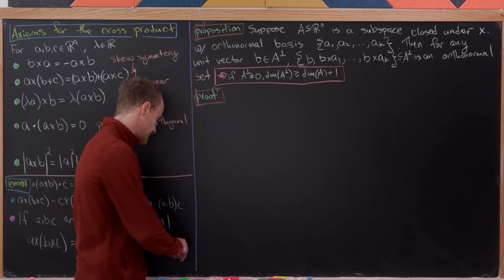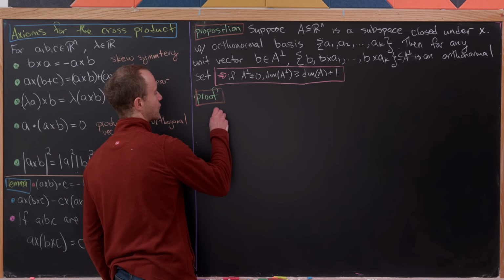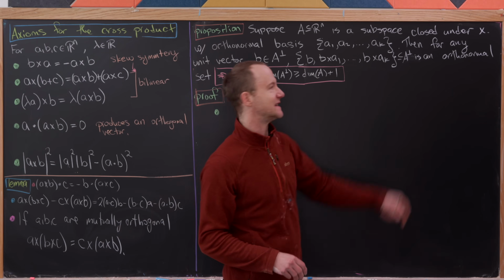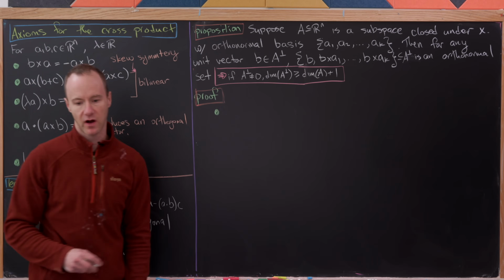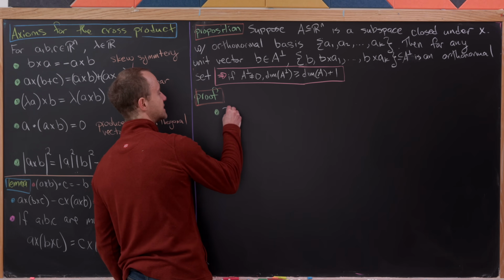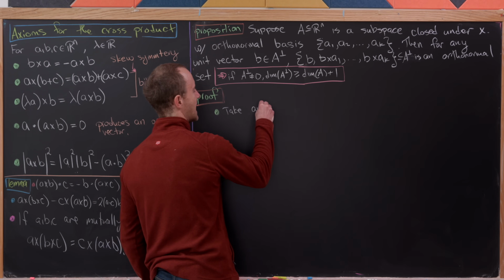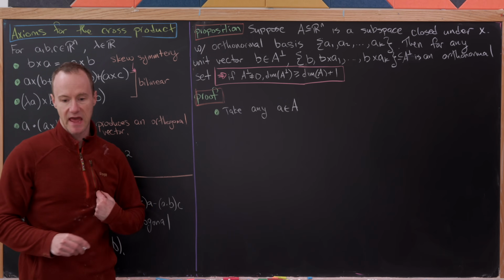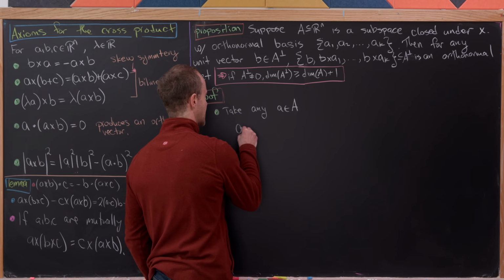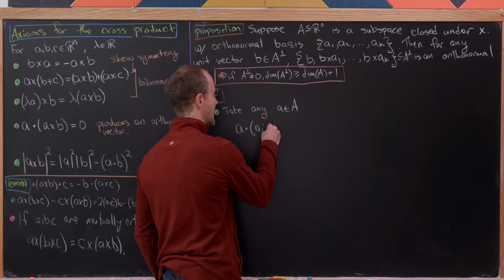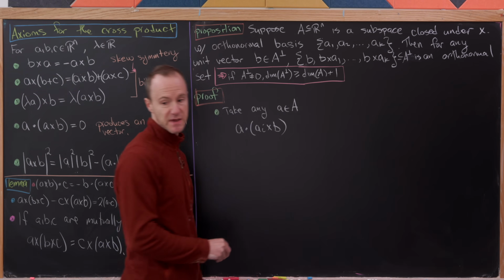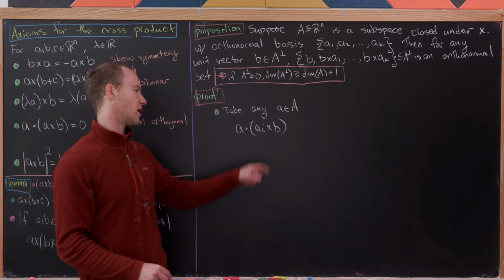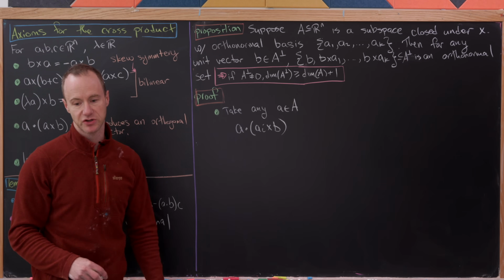Okay, so this is going to happen in 3 steps. The first thing that we're going to prove is that, yes, these land in the orthogonal complement. So let's take any vector a in A, and let's look at a dotted into a_i cross b. But that's essentially the same thing as dotting a into b cross a_i, just by skew symmetry.